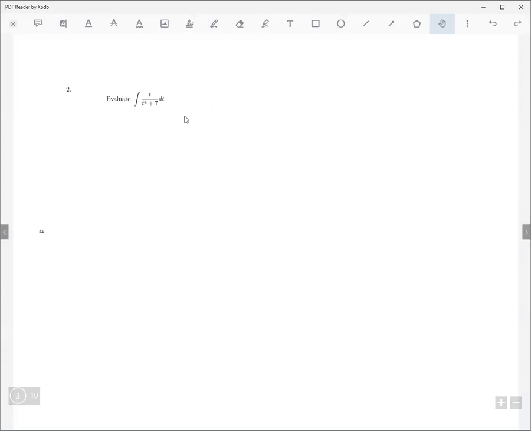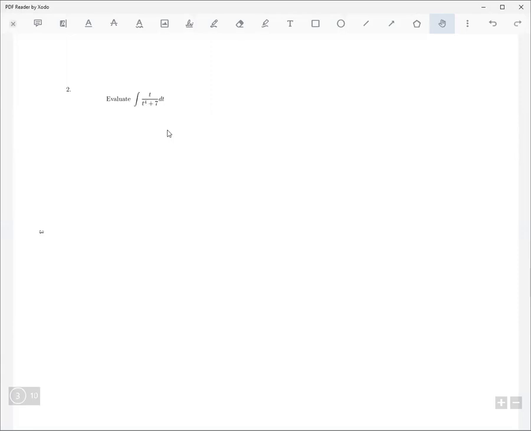Because if I let this be my u and this be my dv, then it's going to be hard to integrate. Or if I let the denominator be my u and this be the dv, then when you differentiate 1 over t to the 4th plus 7, that's pretty nasty.